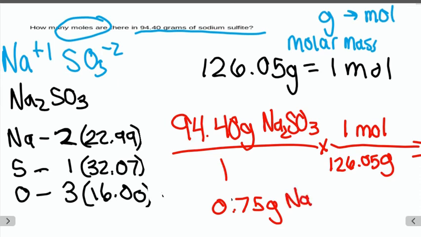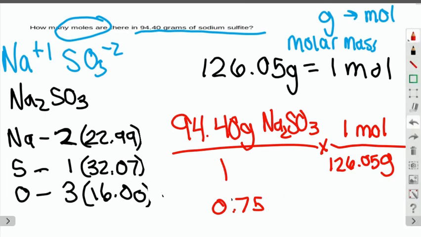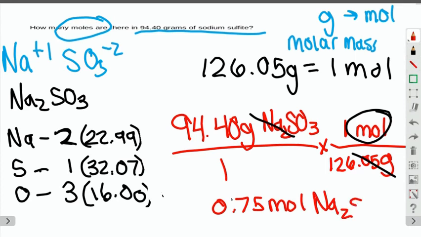Not grams, sorry. The question is asking for moles. If we look at our units, the grams cross off and we're left with moles. So our answer will be 0.75 moles of sodium sulfite. And that matches what we're looking for in the problem. And we just did another type of conversion problem.